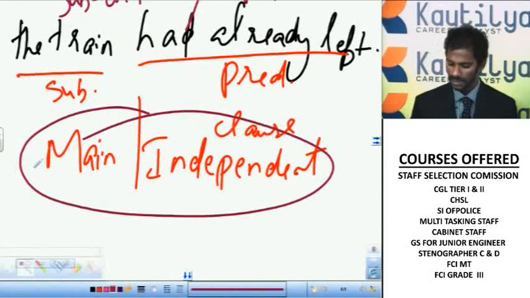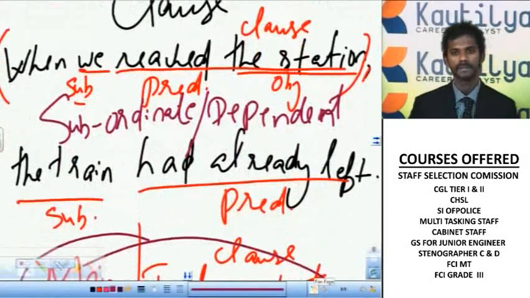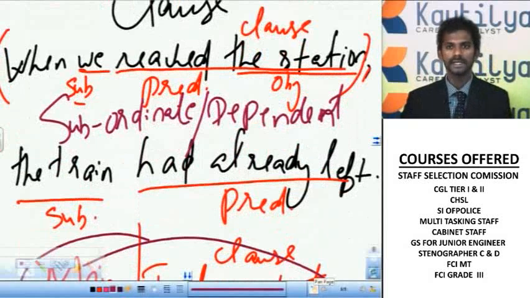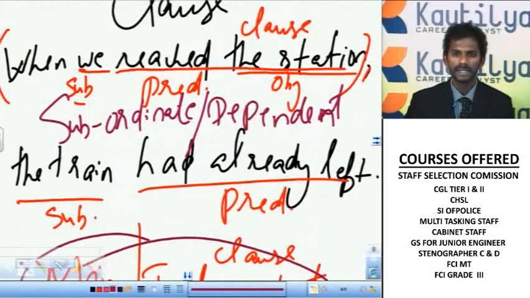Fine. Now come to the first clause. When we reached the station. If I say when we reached the station, is the meaning complete or incomplete? It makes an incomplete sense. That means the first clause depends upon the second clause to gain a meaning.